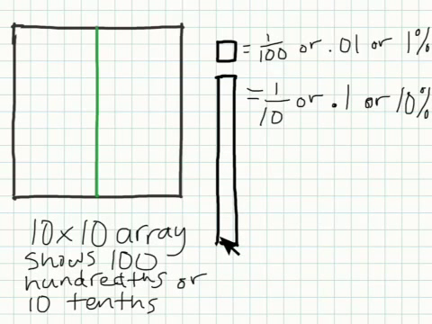We can see a tenth as one long column. A long column or a long row would be a tenth. There are 10 of them in this whole array. And that 1/10 could look like this with a fraction. It could look like this with a decimal. Or it could look like that with a percent. Please make sure that you've got all of this written in your how-to books.